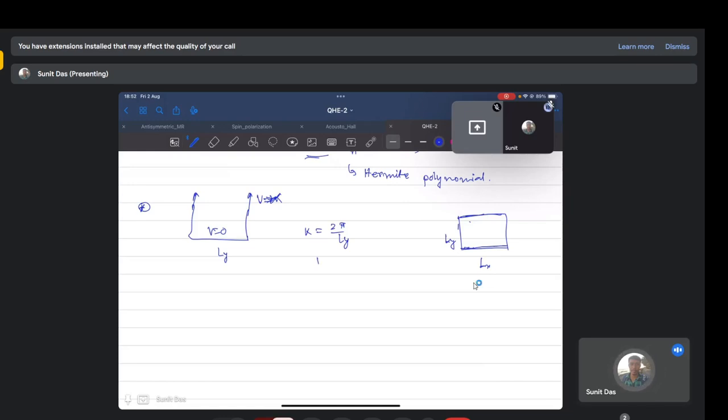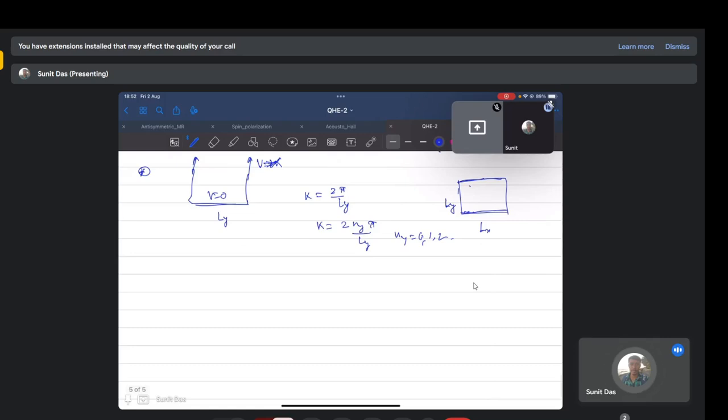What we get actually is k equal to 2 pi n_y by L_y, where n_y goes 0, 1, 2, etc. If you solve this potential well problem, we will get that. So the momentum is quantized in units of 2 pi by L_y.